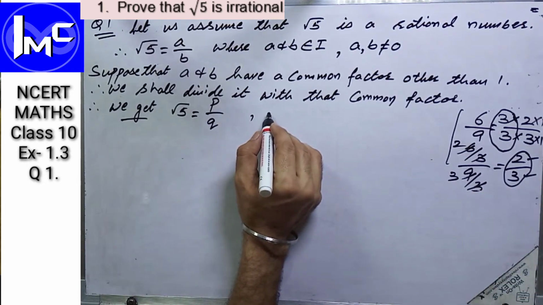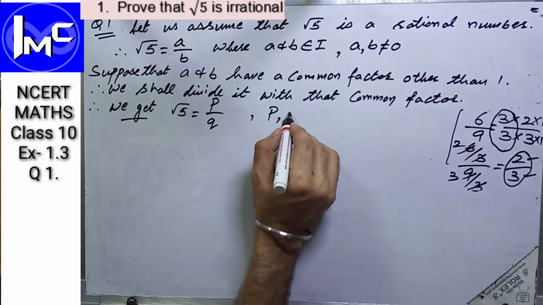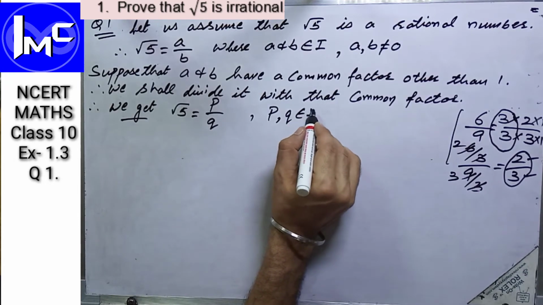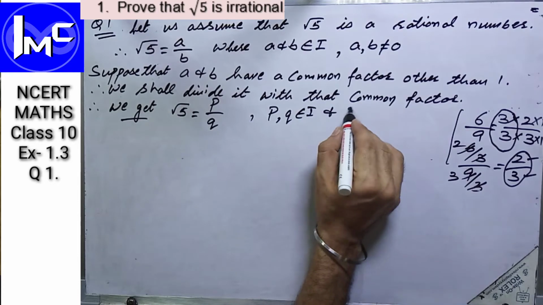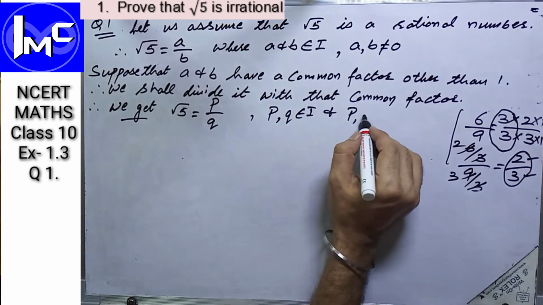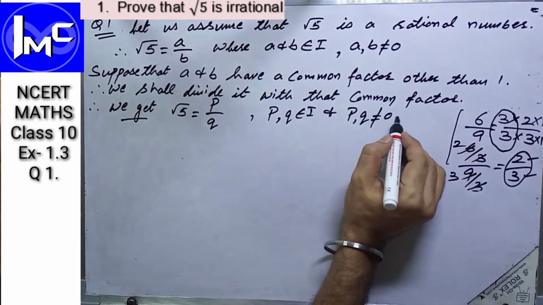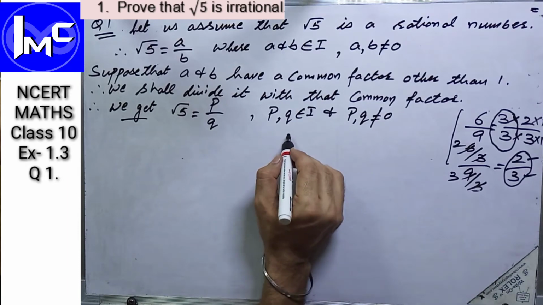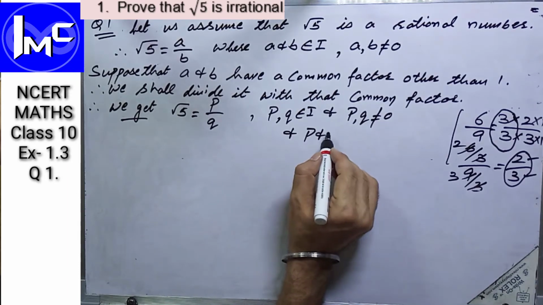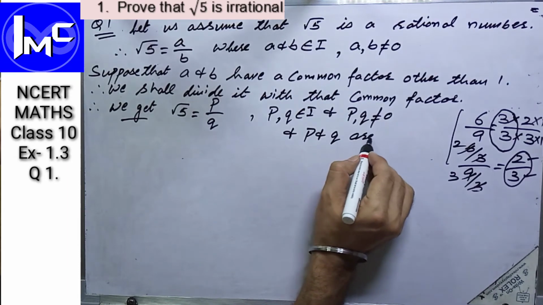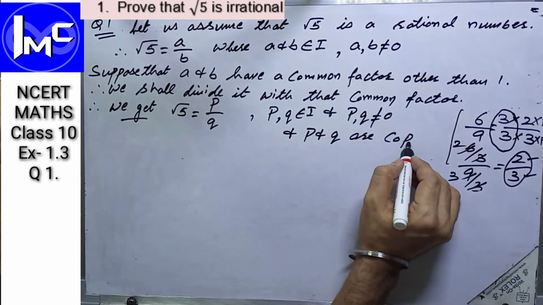So p and q are integers and p and q are non-zero, and p and q are co-primes.